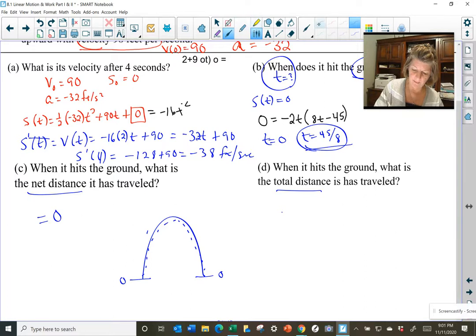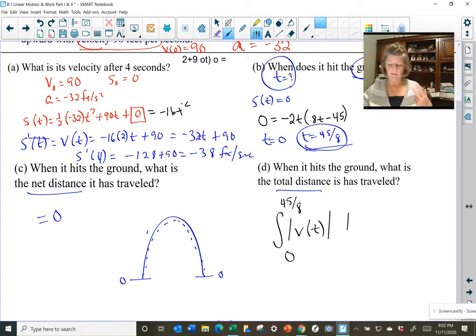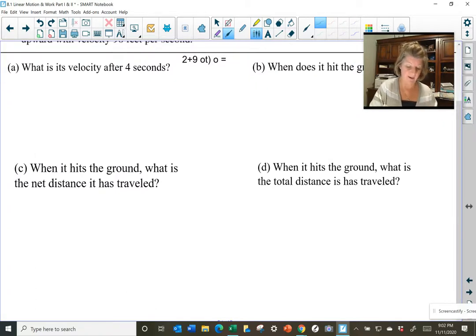So what would happen if we did an integral from 0 to 45/8 of our velocity function, absolute valued, it's slowing down again, dt. That should get you the total distance. I'm coming up with 253.125. Remember, you always got to have 3 decimals of accuracy.